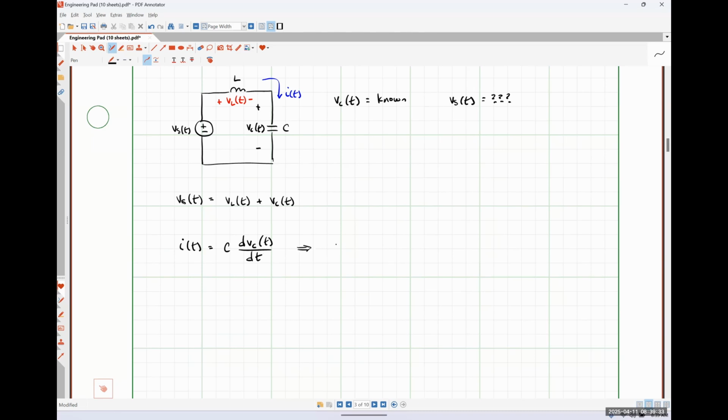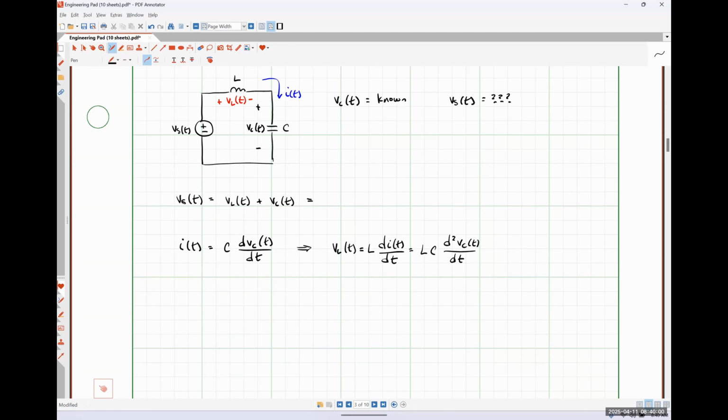And so from this, VL of t is going to be L times di of t by dt. Substituting in I of t, this is going to look like L times C times the second derivative of our capacitor voltage with respect to time.